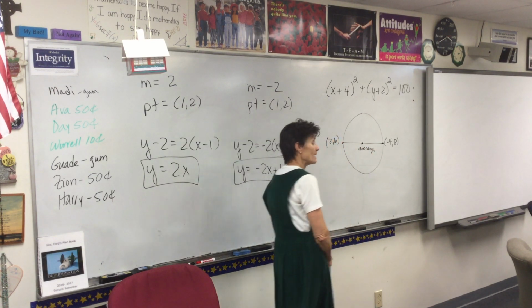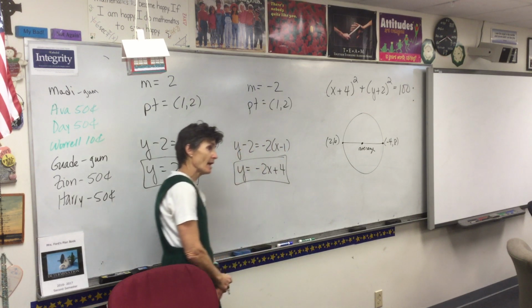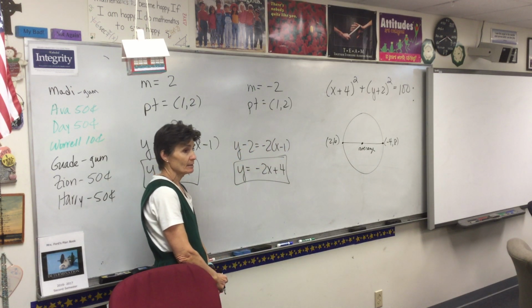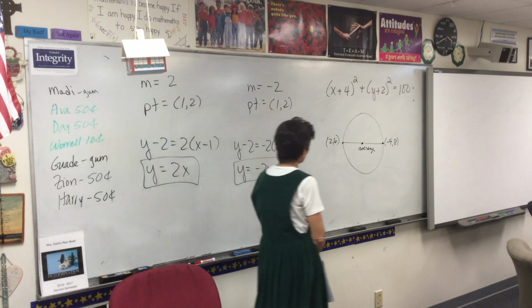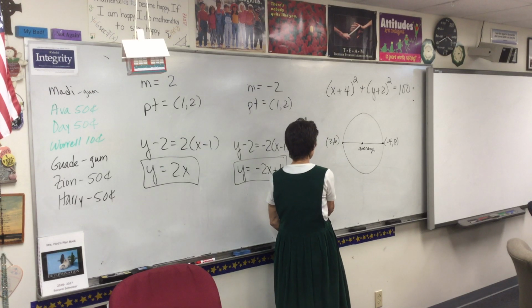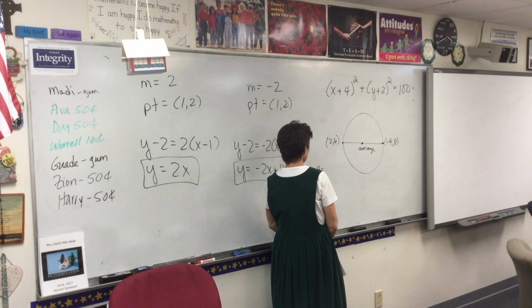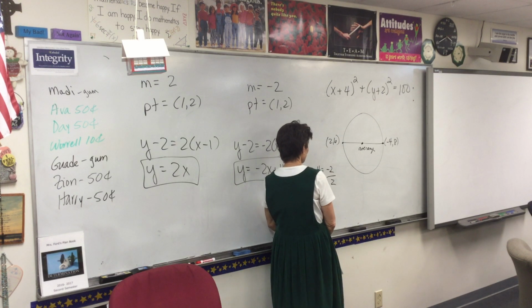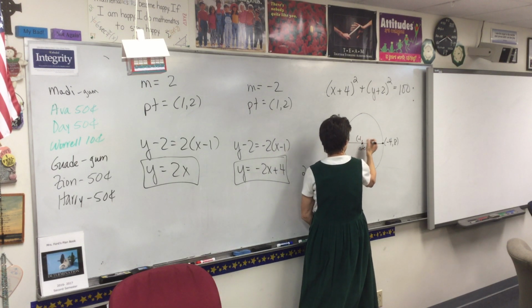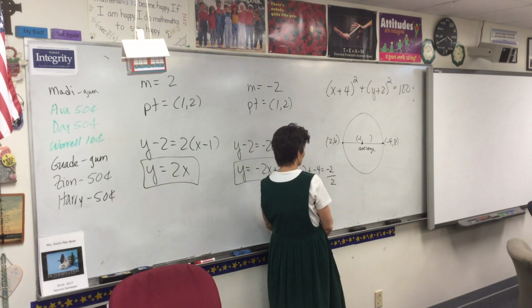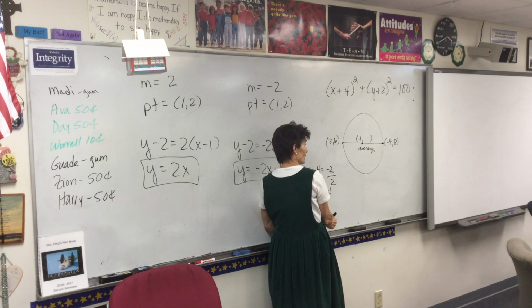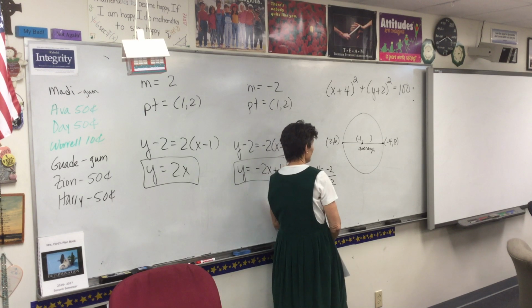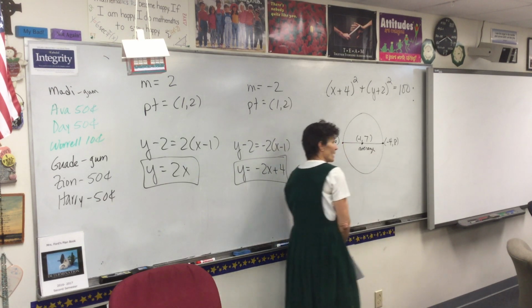And how do we find an average? Add and divide by 2. So 2 plus negative 4, what is that? That's negative 2. Divide it by 2. So negative 1. 6 plus 8, 14 divided by 2, 7.